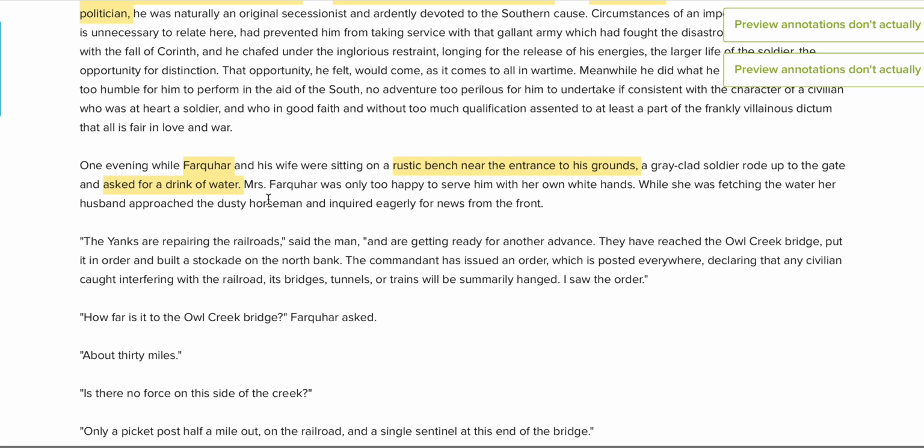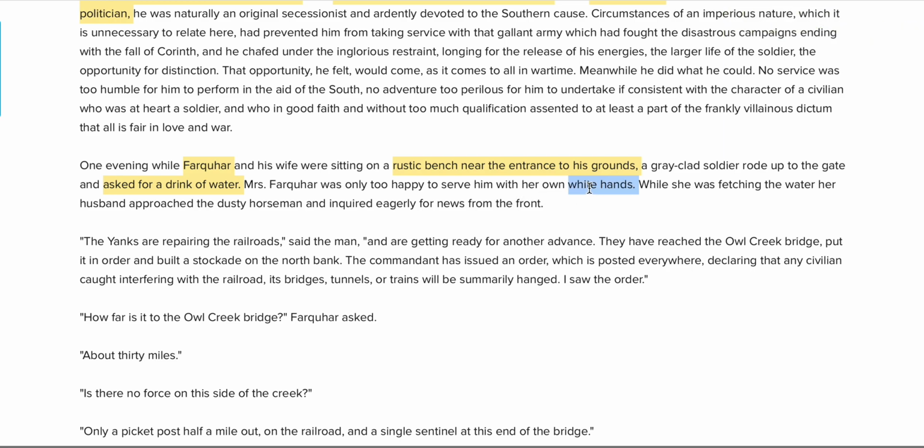Mrs. Farquhar was only too happy to serve him with her own white hands. Remember the use of the words white hands and the idea of serving. Back then, only black people used to serve. One more time, we're speaking here about the historical background of this story.